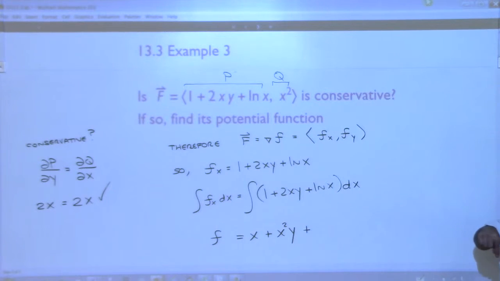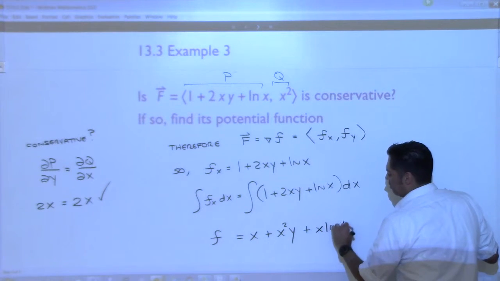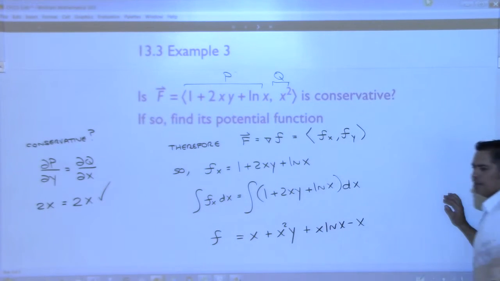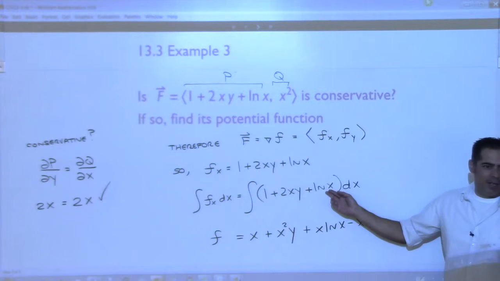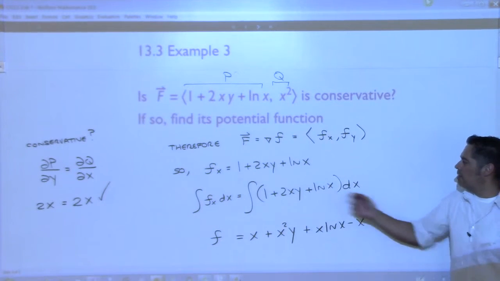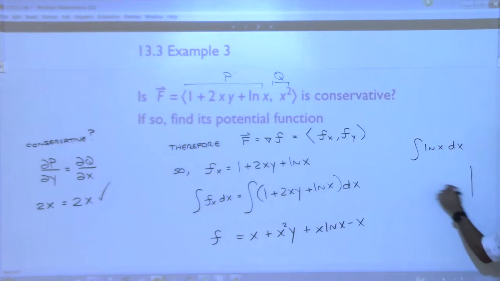It's like really long, isn't it? It's not super long. It's x ln x minus x. So that may not be something you know off the top of your head, but you can get that in Cal 2 by doing integration by parts.